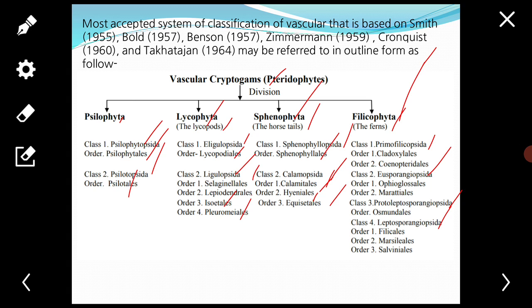Class first contains two orders. Order first, that is Cladoxylales. Order 2, Coenopteridales.